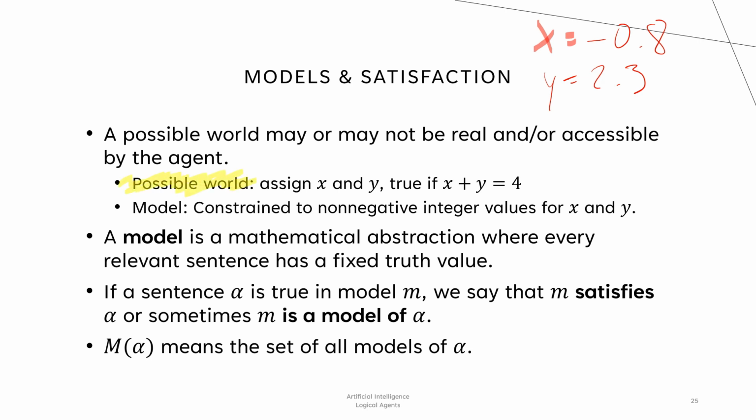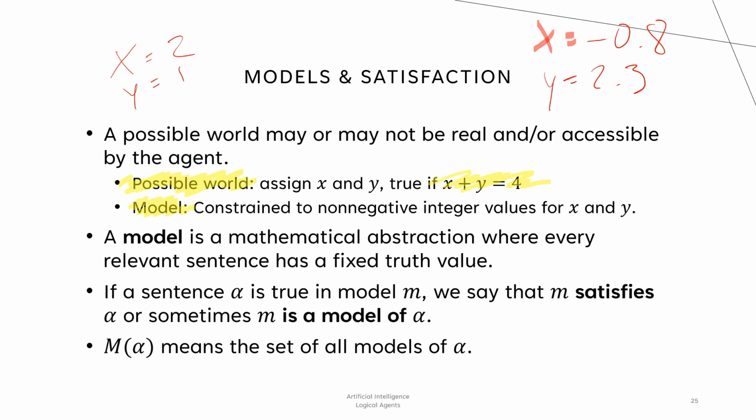If you could just assign x and y to anything, x equals a and y equals b, or x equals dog and y equals cat, then you really don't have any meaningful way to verify if x plus y equals 4. But a model constrains the assignment of those variables to values that we know how to work with. So we could constrain x and y to non-negative integer values, so that x would have to be something reasonable like 2 and y is equal to 1. It still doesn't make the sentence true, but it's at least a lot easier to work with, at least for a computer.